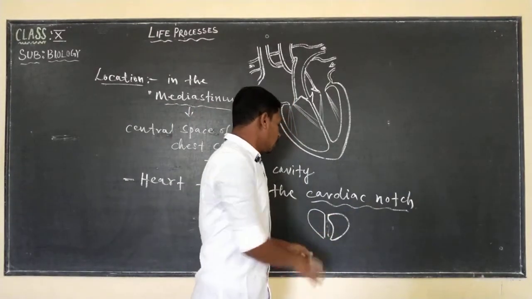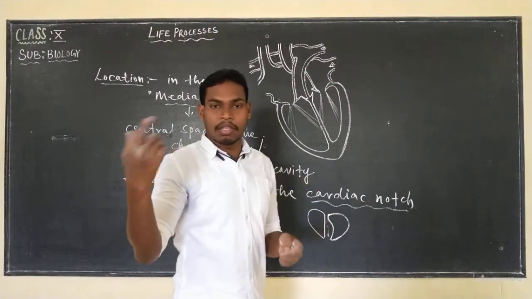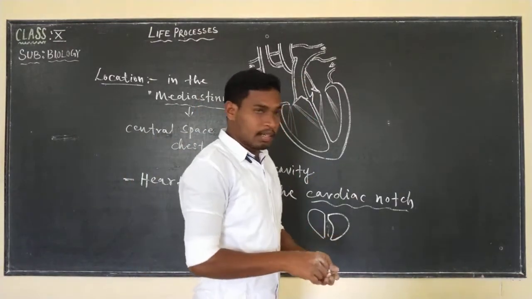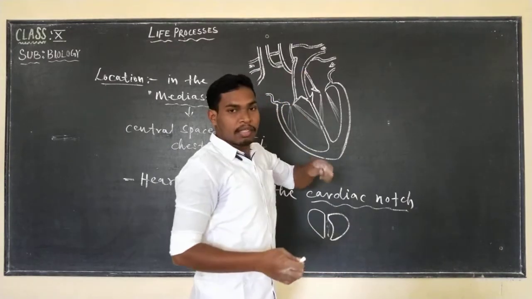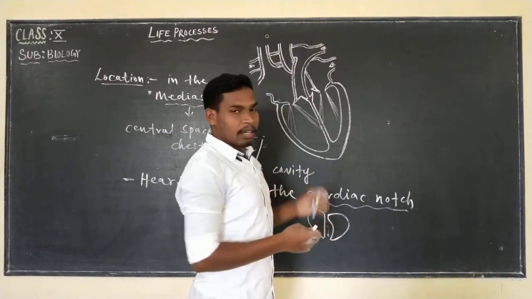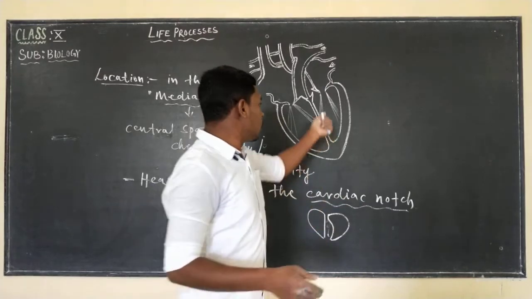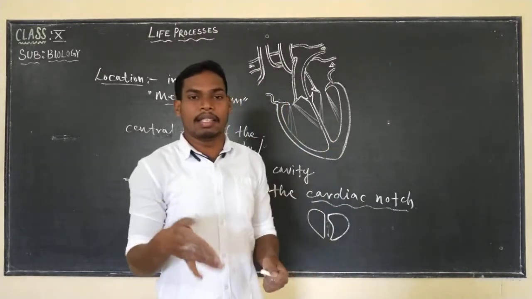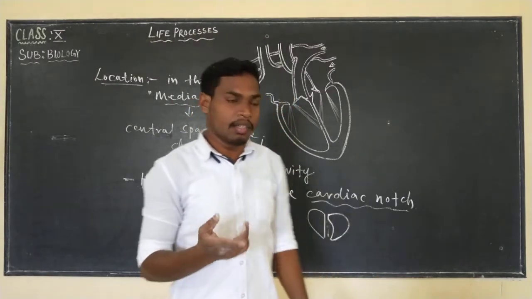I have told you in the previous class about the base of the heart. The upper part of the heart is known as the base, and the lower part is known as the apex. This apex is slightly tilted towards the left hand side.